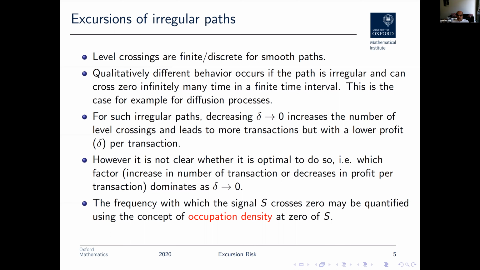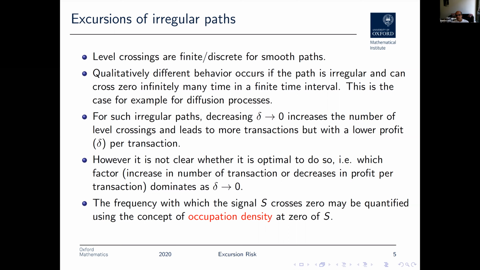However, if the path is very irregular, like a diffusion process, for example, or even worse, then funny things can happen, and the signal can cross zero, for example, infinitely many times over a finite interval. So we will see that. For example, this is the case for Brownian motion. The behavior of Brownian motion at zero is well studied.